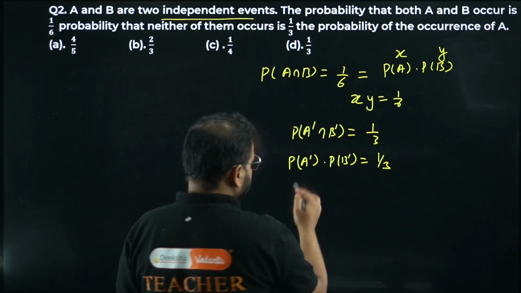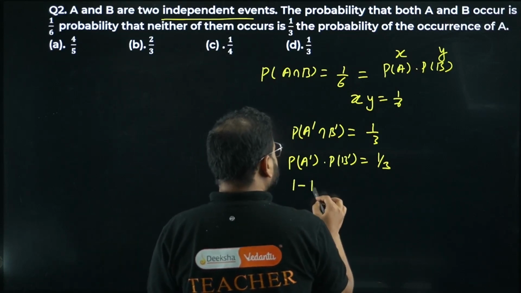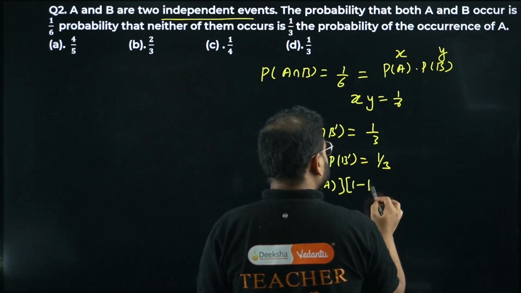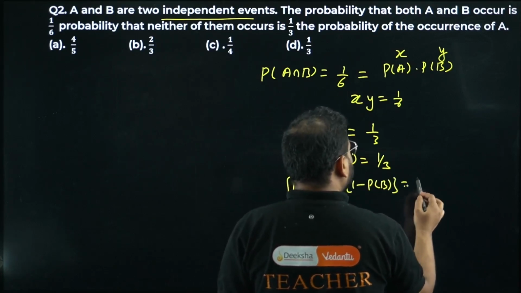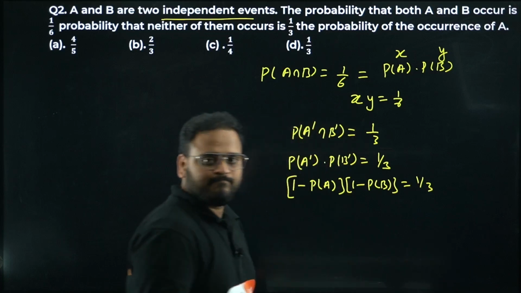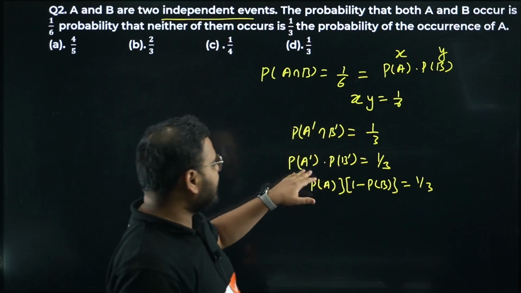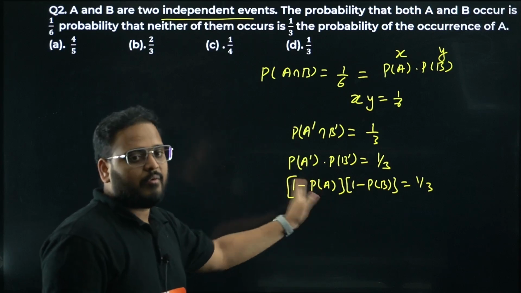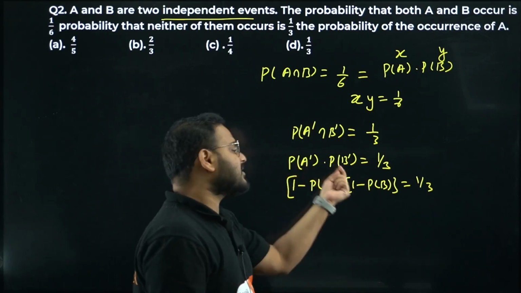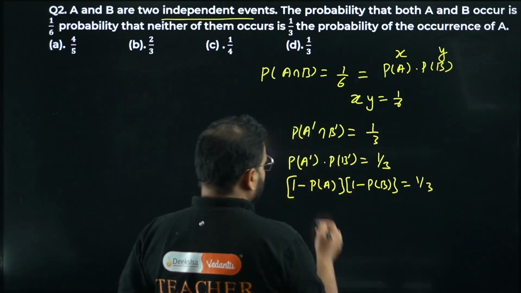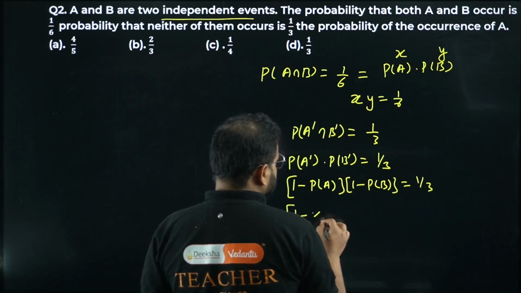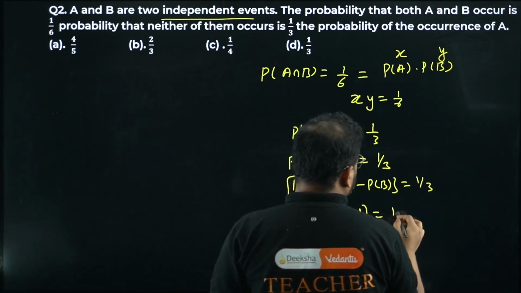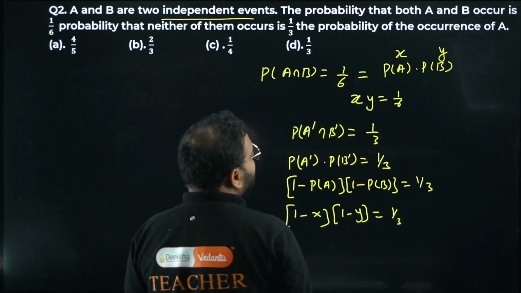So what I get here is (1 minus P(A)) times (1 minus P(B)) equals 1/3. Not a big deal, very simple statements, using the definition of the complement of an event: probability of the complement is 1 minus P(A), 1 minus P(B). So I can write this as (1 minus X) times (1 minus Y) equals 1/3.